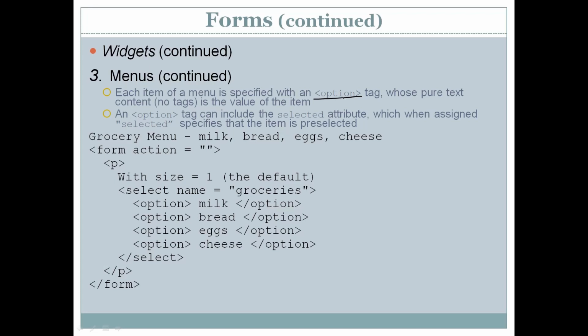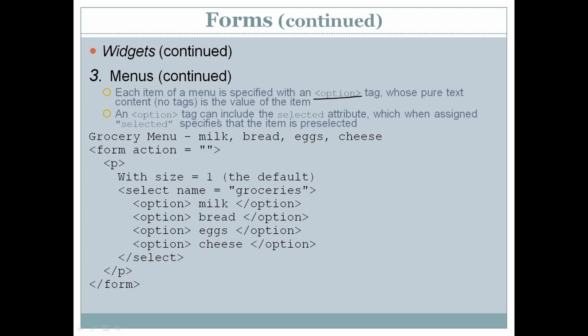The tag is the option tag, whose pure text content, with no tags, is the value of the item. Any number of items can be included in a menu by using that many option tags.